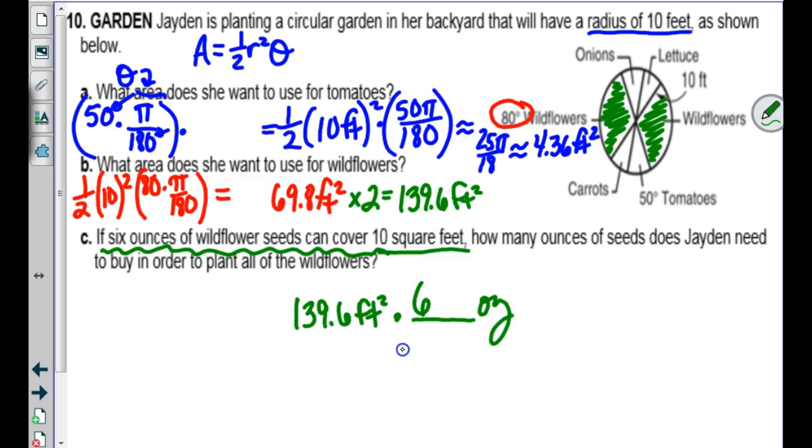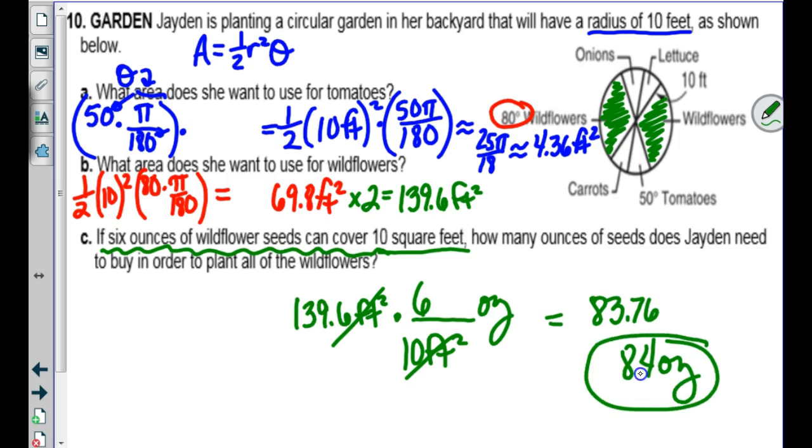So 6 ounces can cover 10 square feet. So now the square feet will divide away, and we need to do 139.6 times 6 divided by 10. Anybody else get that? So around 84 ounces she would need to buy, depending how it comes.